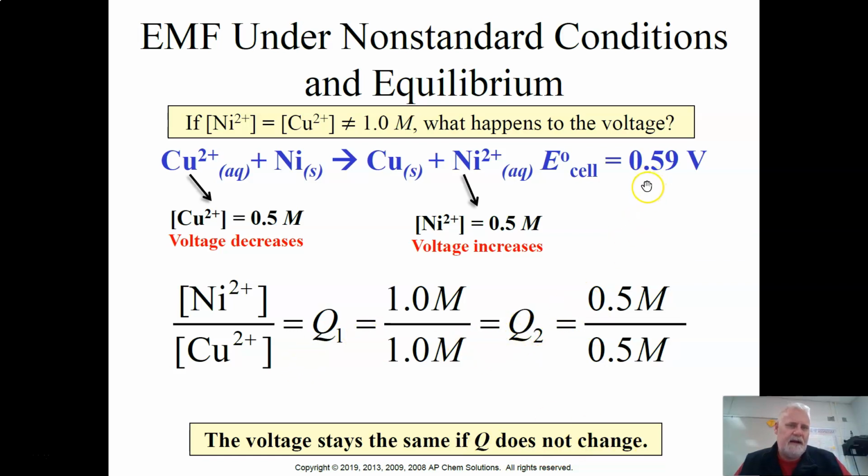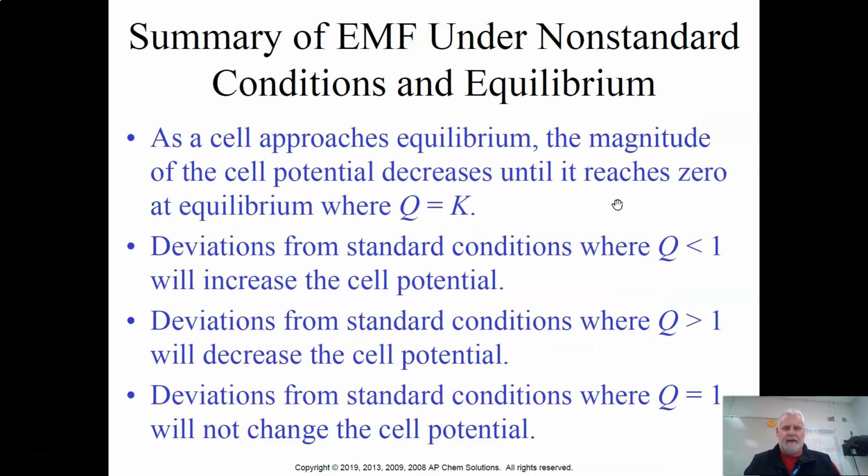So this one right here would still have that same voltage. So you can draw a little arrow right there and draw a little arrow right there. They both would produce the same voltages. So a lot of times these changes in concentration from standard, if you have the same amounts on both sides, you'll get the same potential, because it's always about a difference in the need for electrons.